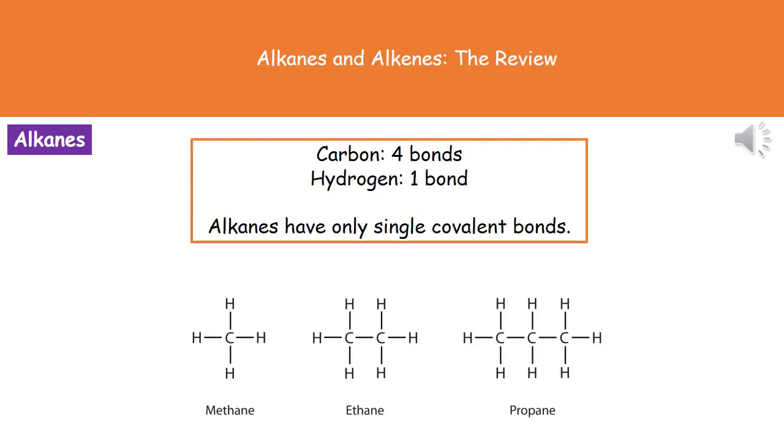What we can see at the bottom then are some displayed formulas for the alkanes. So you've got methane, ethane and propane. Now what you'll notice is that from each carbon atom we've got 4 bonds, and going to each hydrogen atom only 1. So when you're asked to draw one of these displayed formulas, start off by putting your carbons in a row along the middle.